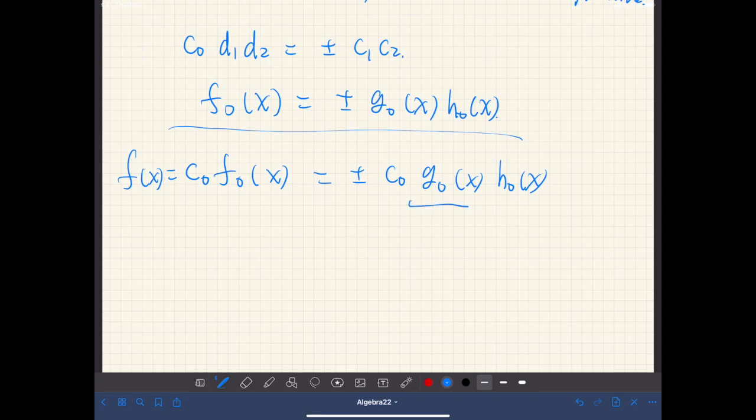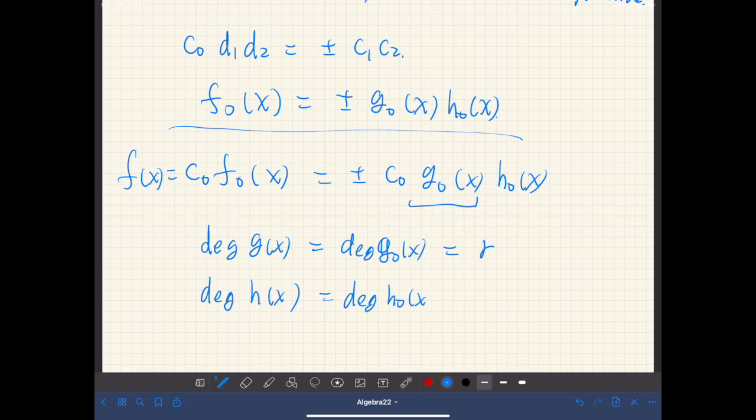However, by assumption, we didn't make it explicit, but we are assuming that the degree of g of x is equal to the degree of g0 of x, which is assumed to be r, and the degree of h of x is equal to the degree of h0 of x, which is assumed to be s.